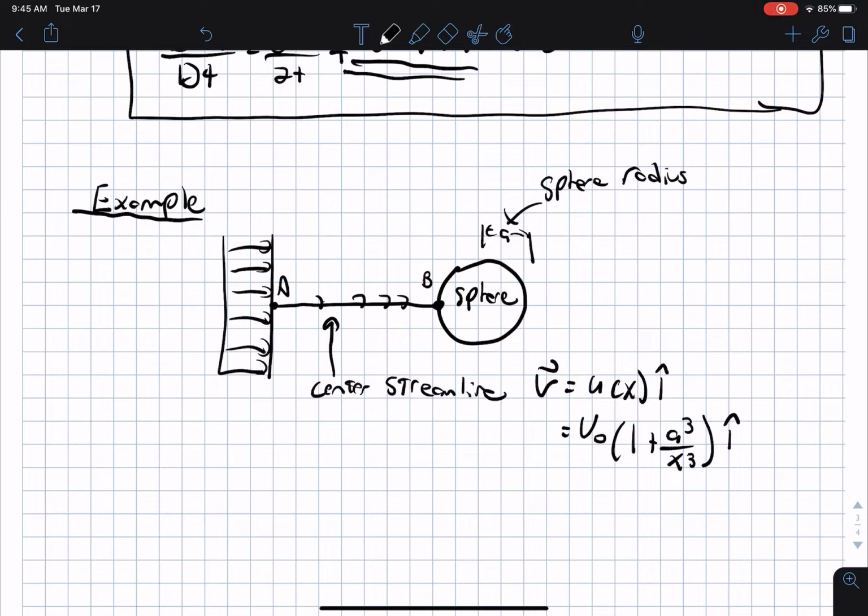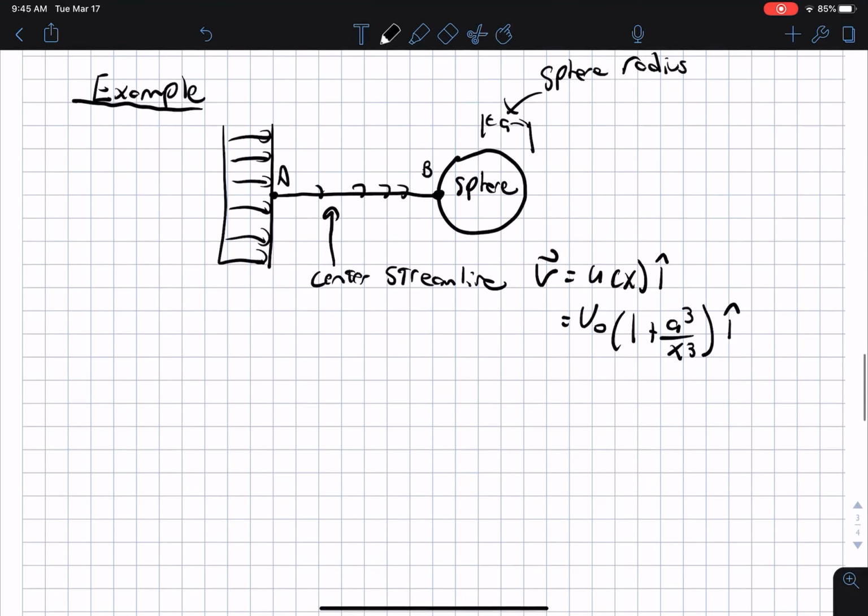Okay, and so what we want to find is the acceleration of a fluid particle as it travels from A to B.